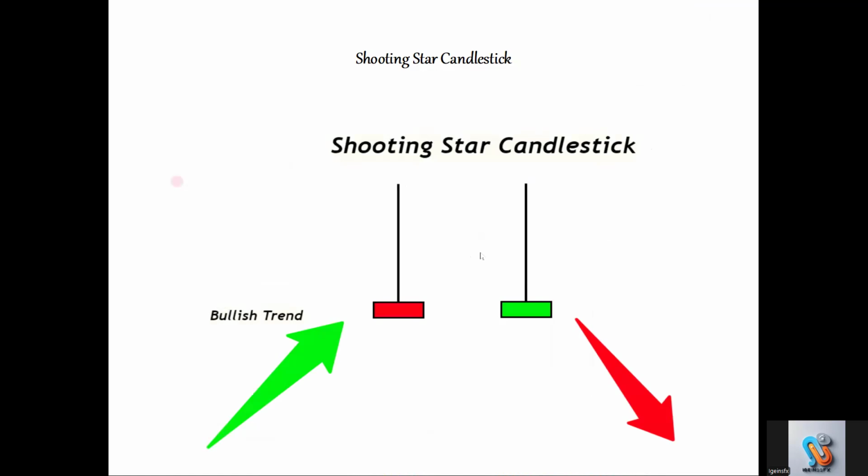Now, here is another one. We have the shooting star. A shooting star is just like a hammer, but this will always happen after a bullish run. You find this one at a resistance level.